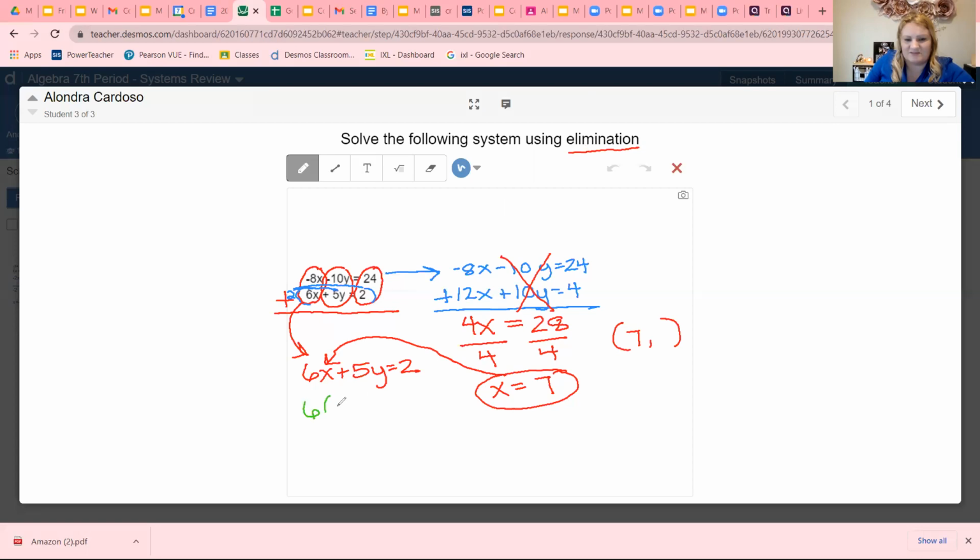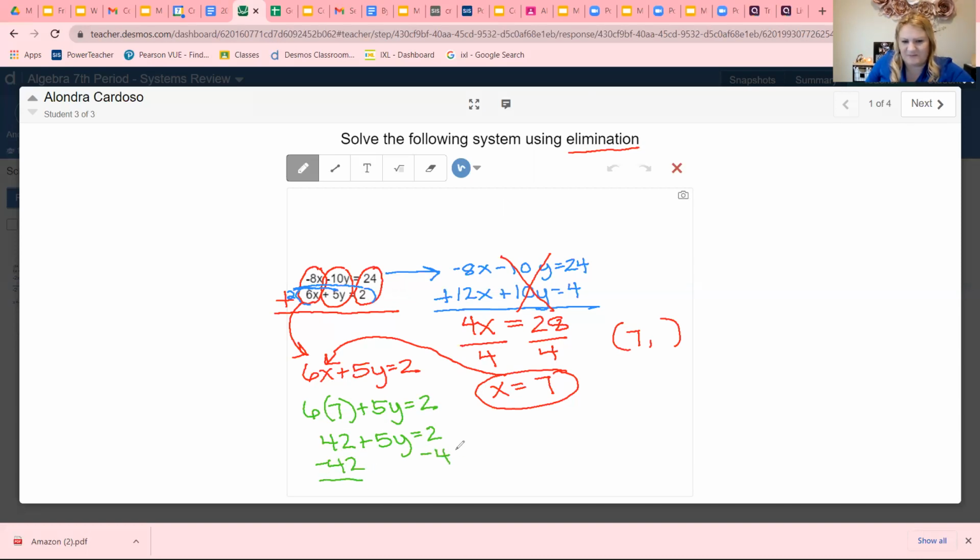So 6 times 7. So instead of putting the x, I put what x equals, plus 5y equals 2. And 6 times 7 is 42. Plus 5y equals 2.